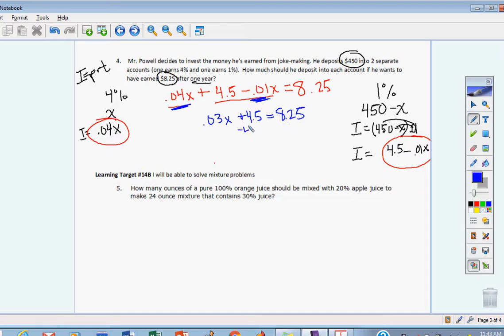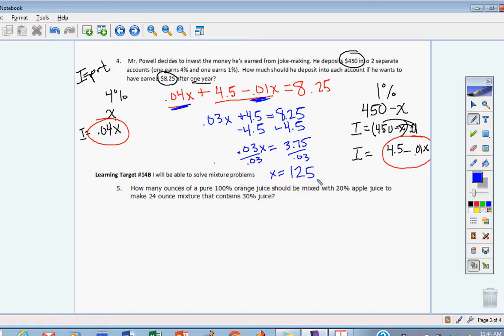But now I'm trying to isolate the x, so I just subtract 4.5 from both sides, and I'm just solving the equation. So 0.03x is equal to 3.75. And then when I divide both sides by 0.03, I'm getting the x value of 125.